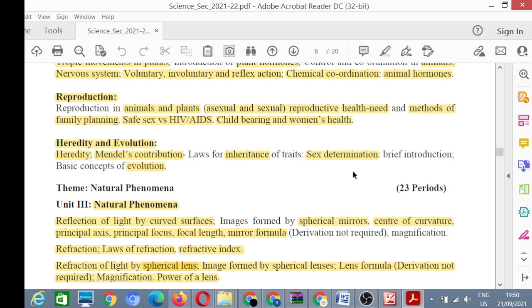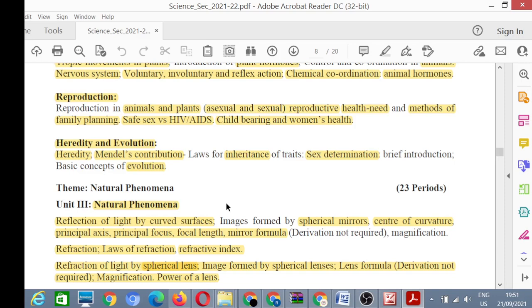Sex determination means determining whether a child is male or female before his or her birth.